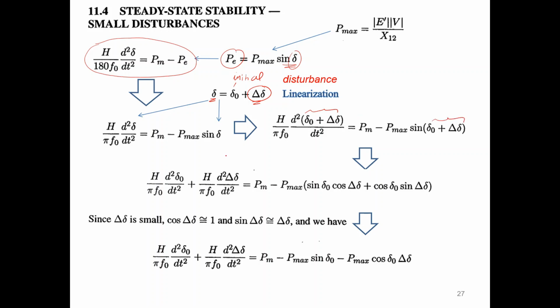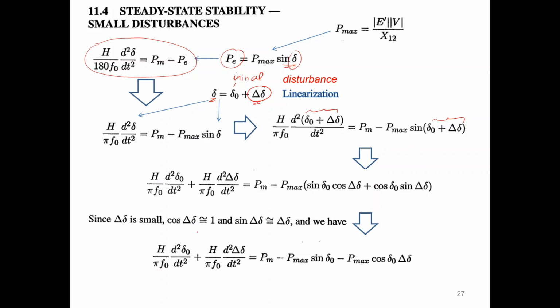Now we do the linearization on this equation. The sine term has not been linearized yet, but we just expand the term. We have the second derivative of delta 0 plus delta delta, so we can split it into two terms. We have the sine of the sum of the angles, so sine cos plus cosine sin.